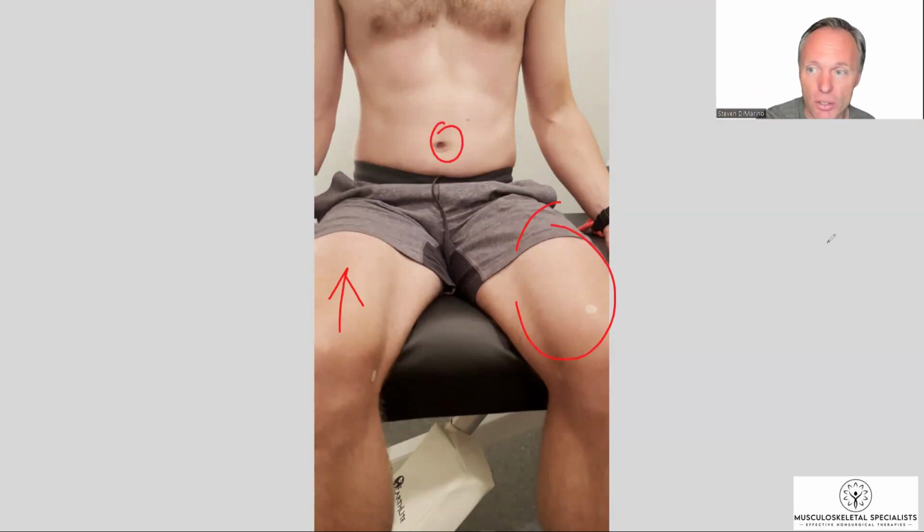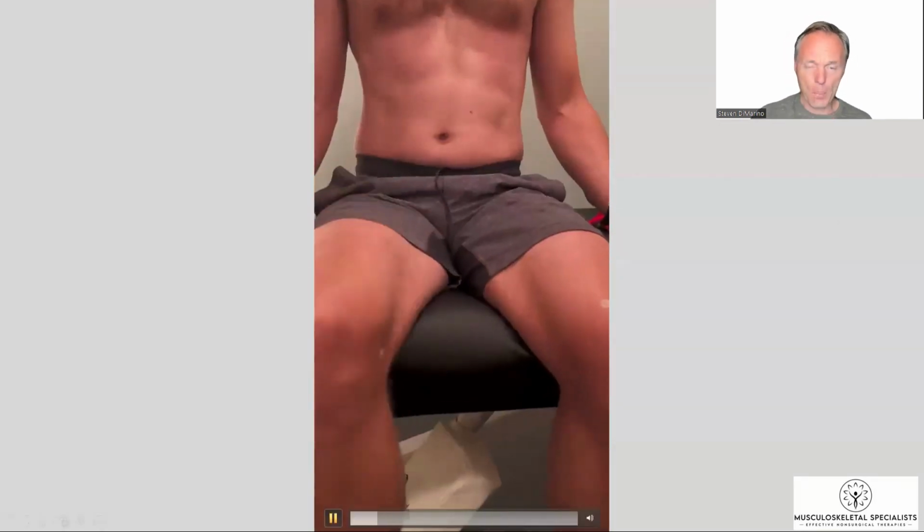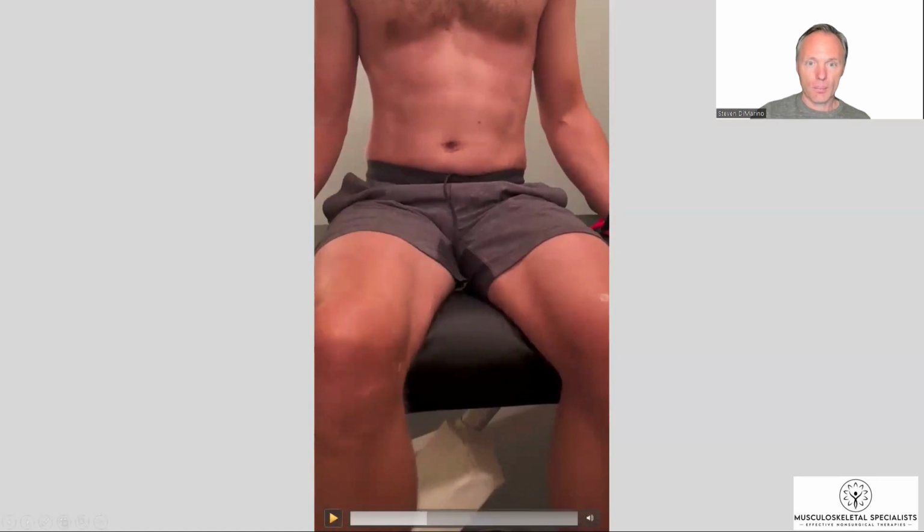If the belly button is shifting left or right, he's giving himself a scoliosis. So let's see what he's doing. See the curve, the curvature? When he's raising this up, he's getting a curve like this.